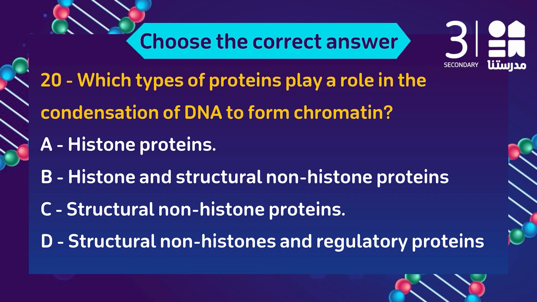DNA is a long double helix strand. It must be condensed to become shorter. So, which of these proteins help in the condensation of DNA to form chromatin? It must be one or more.